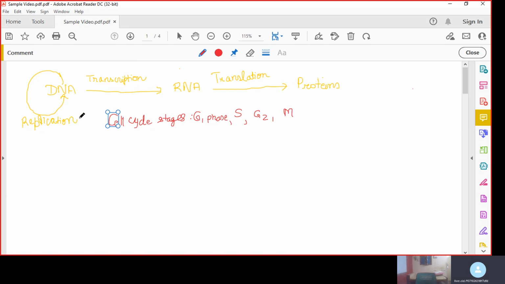So basically DNA replication occurs in the S phase of the cell cycle.